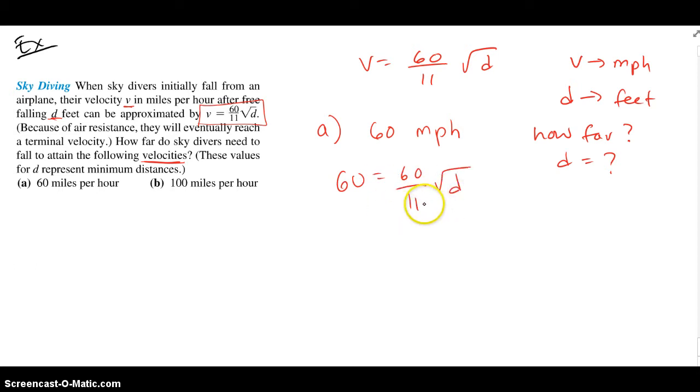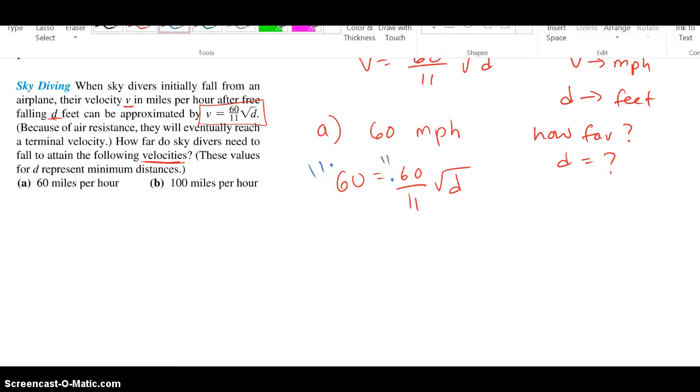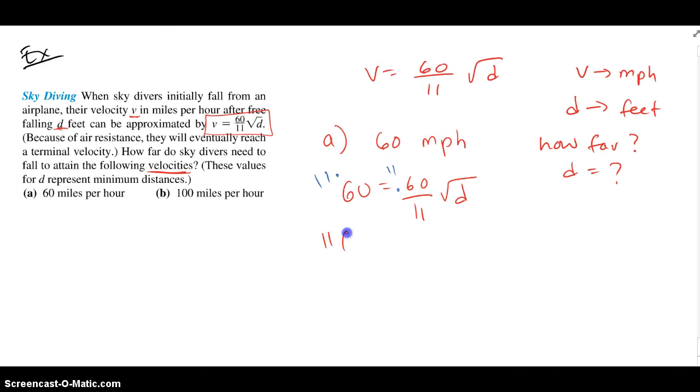I'm going to multiply both sides by 11, since I don't like that denominator. That's going to give me 11 times 60 equals 60 square root of d. And then I'm going to go ahead and divide both sides by 60, to make the 60s go away. So we end up with 11 equals square root of d.